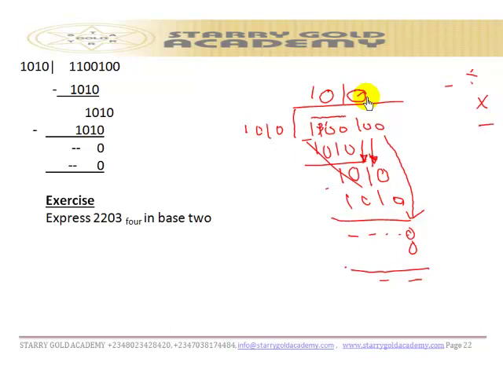But if you still feel you're not comfortable with this method, then convert 1010 to base 10. Convert this also to base 10. Divide your answers, whatever you have, then convert it back to base 2. You are definitely going to have the same result.